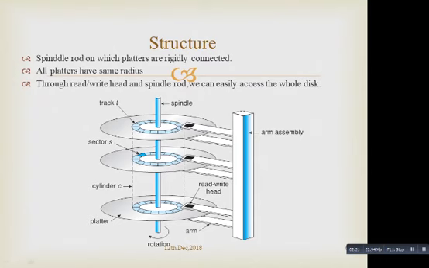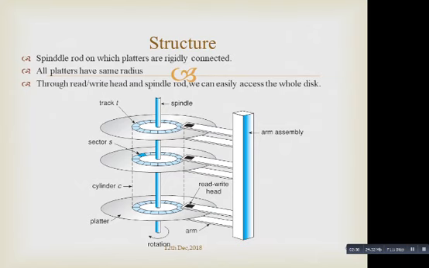So now we have the structure of the disk. Here in this figure we have a spindle, arm assembly, the tracks and the platters, and we have the read write head. The operation is that when the spindle rotates in circular motion, the platter that is rigidly connected to the spindle rotates, as a result of which a magnetic field is produced.